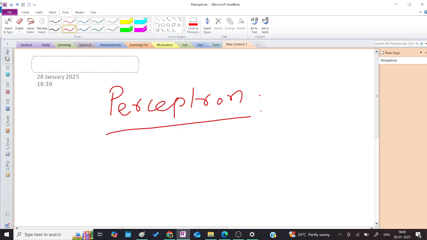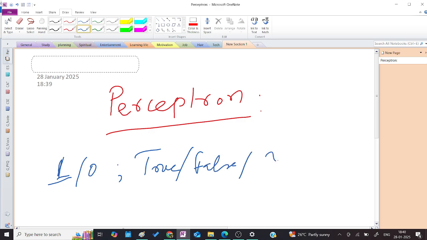In machine learning, this is the basic and most popular algorithm to define a class, mainly a binary class, whether the class is 1 or 0, or in other words, true or false, or a yes or no answer.